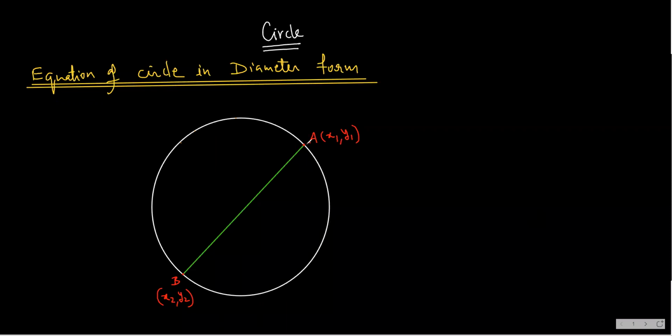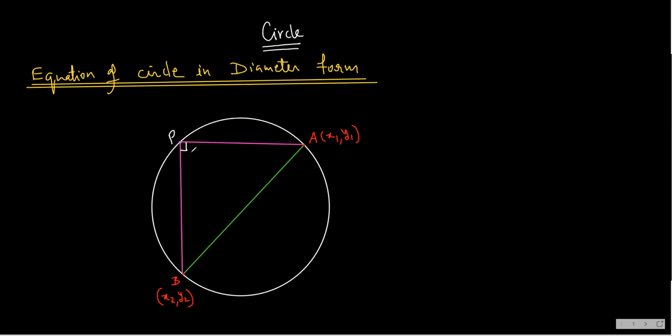Suppose I call this point P, and I join P with A and P with B. So I know that this angle will be a right angle.